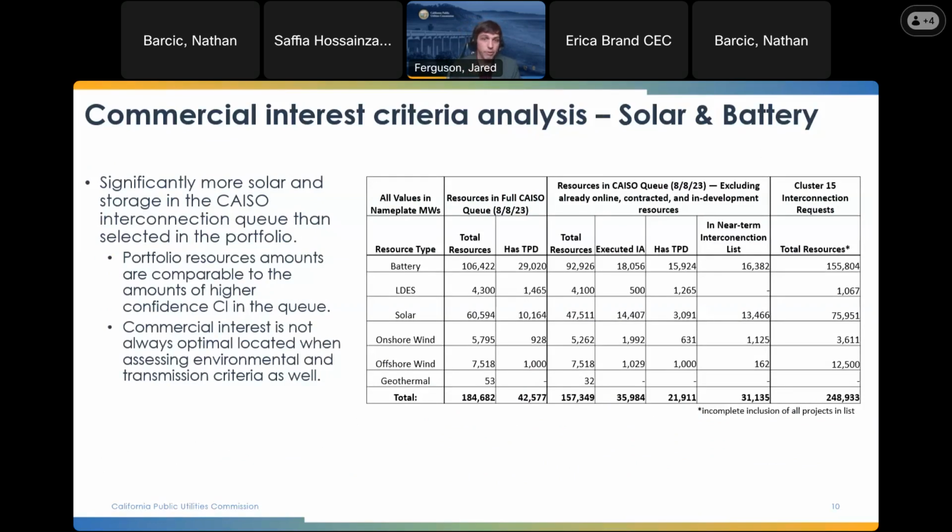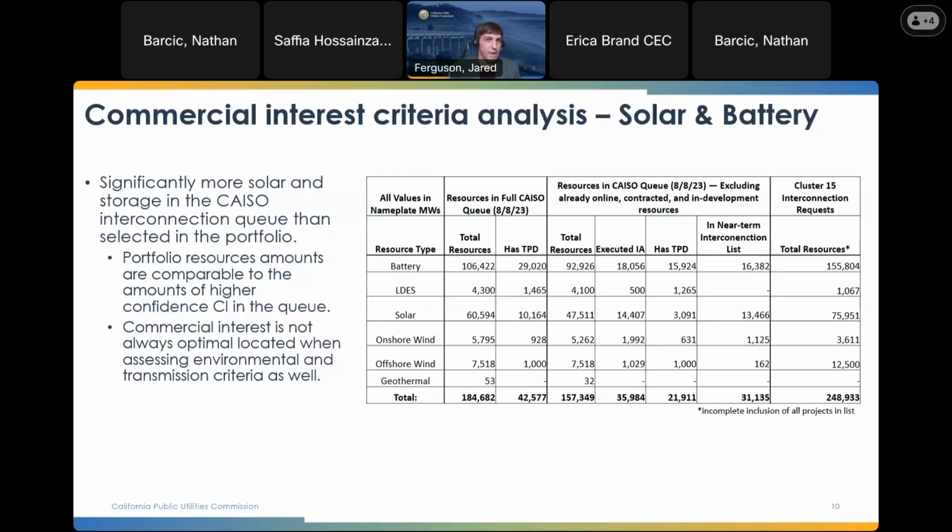We have resources in the queue that have TBD allocated, have executed IA, and I've also shown on the right a not fully incorporated cluster 15 interconnection requests. We're still working on fully implementing it. The substation nomenclature is different than what's in the interconnection queue and is different than what we have. So it takes a while to fully implement it, but we have most of it. We have the 250 gigawatts, so we have that shown here as well.